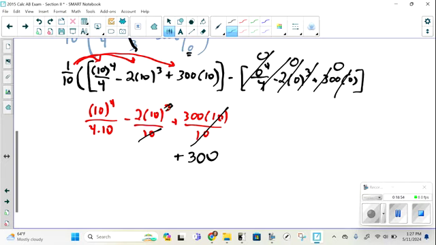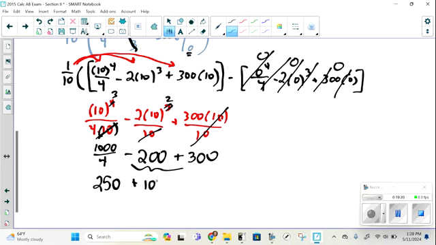This 10 cancels with one of these, and now it's 10 squared. 100 is 10 squared times 2, so that's minus 200. This 10, that's times 10. That's not 4.10. This 10 cancels one of these. Now it's 10 cubed, which is 1,000 over 4. Okay, this is 250. A quarter of 1,000 is 250. These combine to be plus 100. And that is 350.